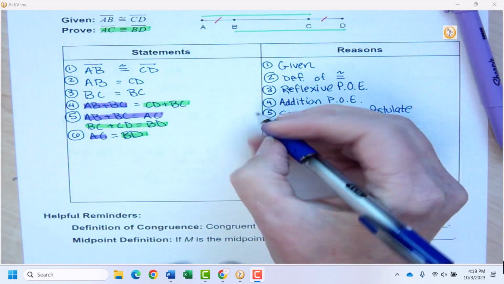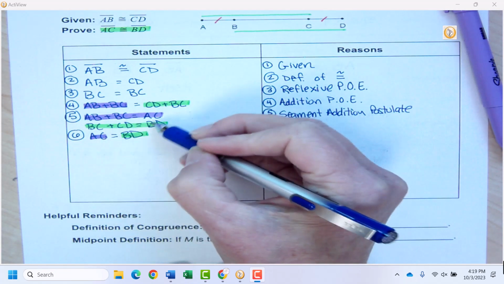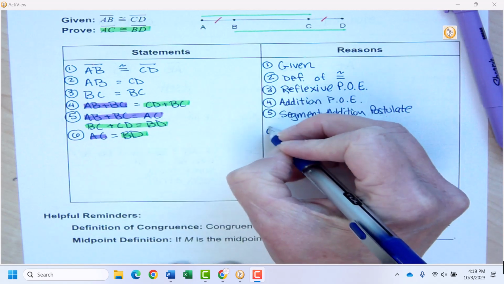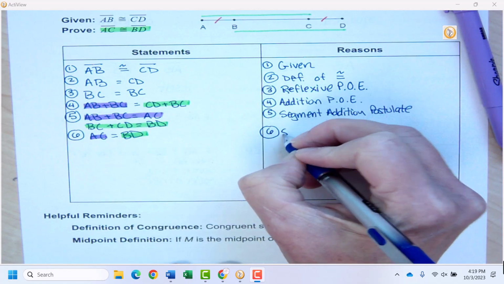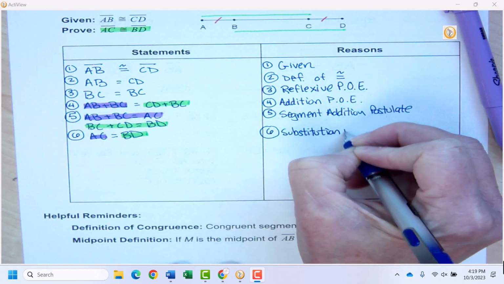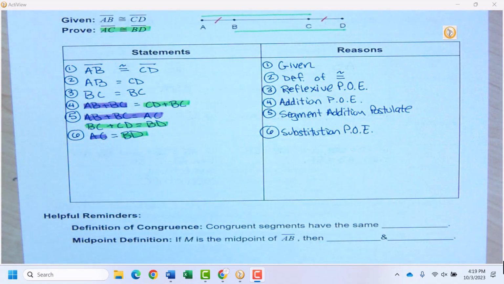It's our substitution property of equality. I just substituted in a segment measure for this expression. POE for property of equality. I'm still dealing with equal signs.